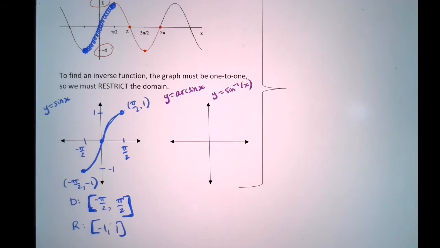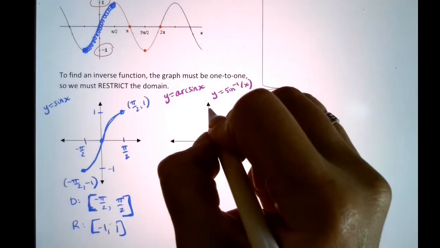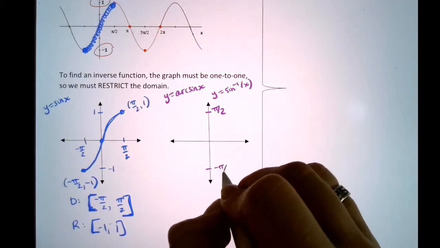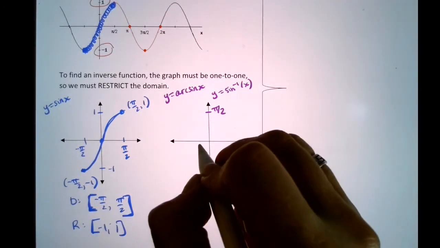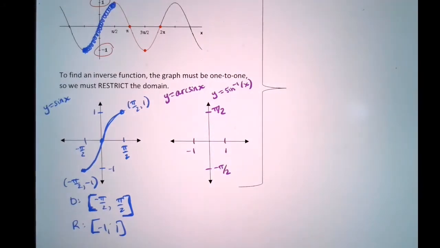So instead of having negative pi over 2 and pi over 2 on the x-axis, those become values on the y-axis. And same thing with the 1 and negative 1. Those used to be on the y-axis. They're now on the x. I'm literally switching x and y.